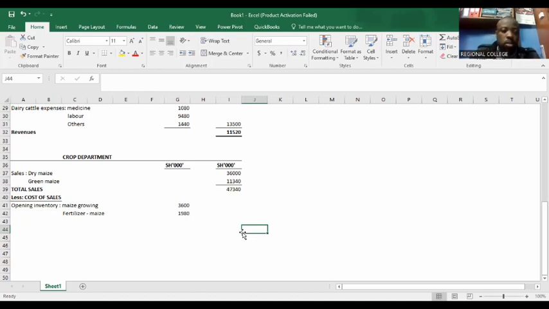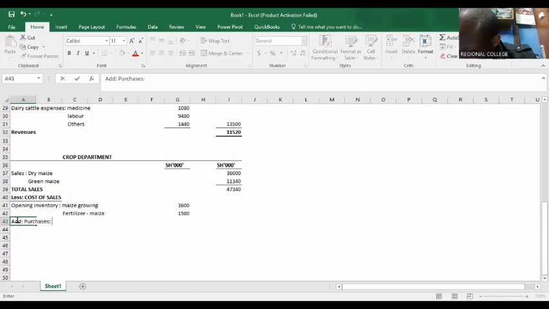From there we have purchases. We have fertilizers. These purchases for Napier grass, are we to add them for livestock? That is Napier grass, that is a crop. You can just call it a crop.